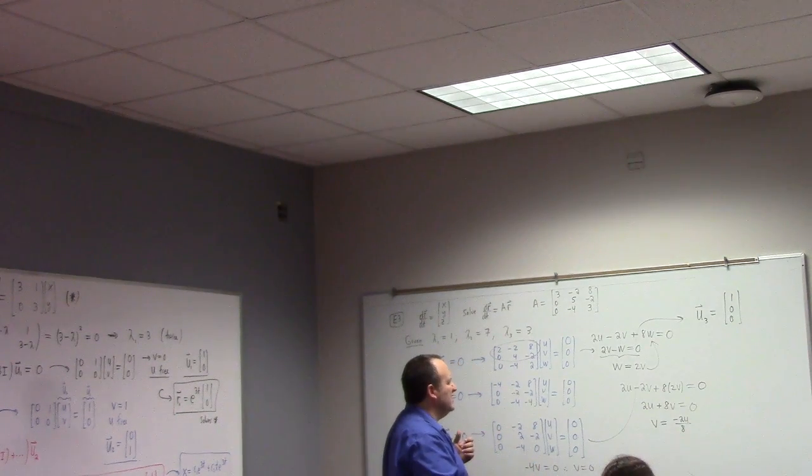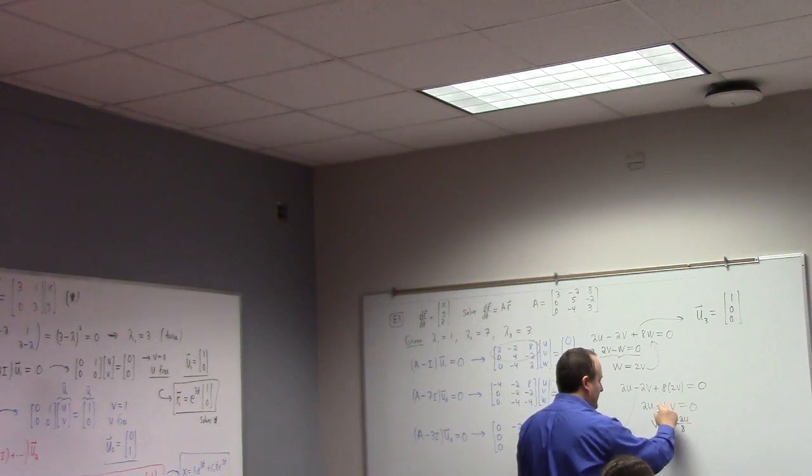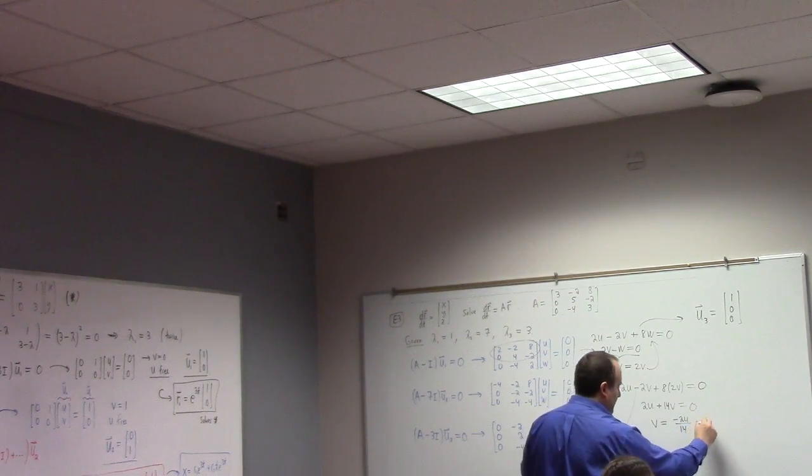Oh, 8 times 2 is 16, isn't it? Yeah. Duh. Me, not you. So 2u minus 2v plus 16v gives 14v, so 2u plus 14v equals 0, which gives me that v is equal to minus u over 7.